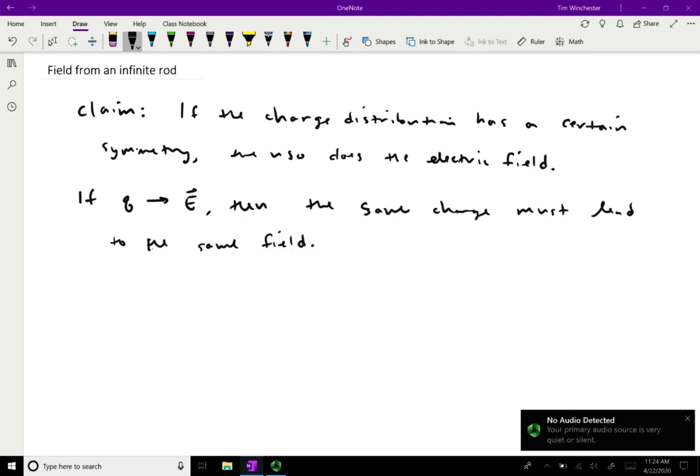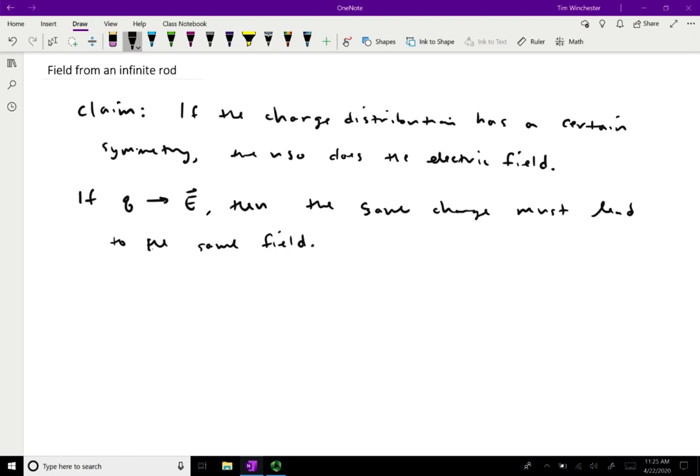And the way we defined a symmetry is that we make some change to the situation which results in it looking exactly the same. Okay, so if that's true for the charge, then I claim it has to be true for the electric field as well.